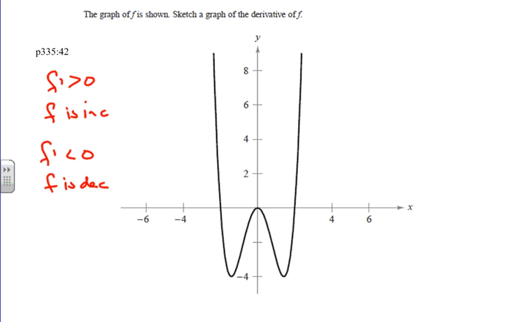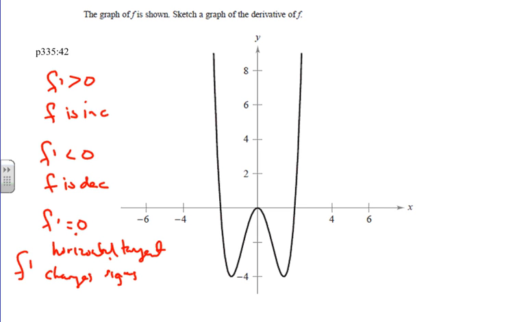Also, whenever f prime equals 0, it is a horizontal tangent. But there's a change. f prime changes signs, either from positive to negative or negative to positive.